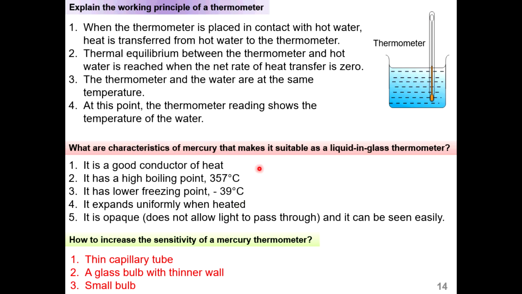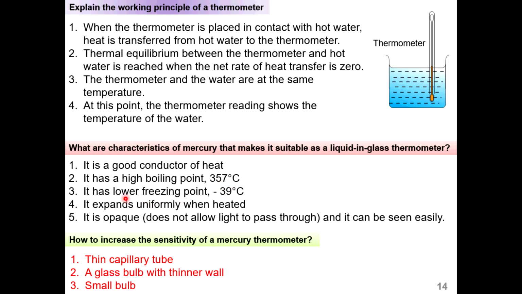Normally, we use mercury as the liquid in a thermometer. These are the characteristics of mercury that make it suitable for that. Number one, it is a good conductor of heat. It can conduct heat efficiently. Number two, it has a higher boiling point, up to 357 degrees Celsius.